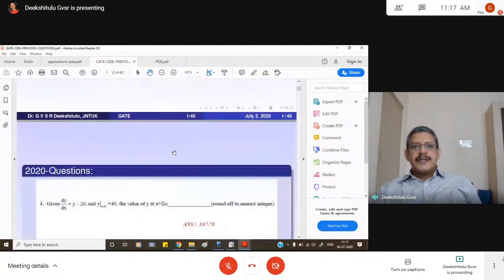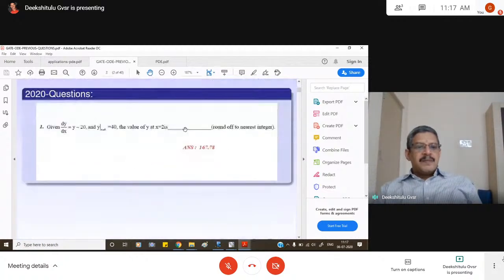So the first question here is dy by dx is equal to y minus 20, and y at x equal to 0 is 40. The value of y at x equal to 2 is? So this is the variable separable method. So dy by (y minus 20) is equal to dx.